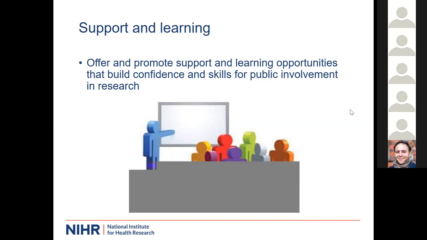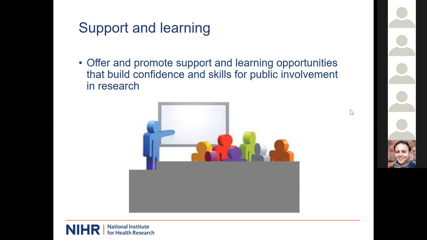Support. So it's always good to aim to have more than one public or patient representative in your team. And also making sure that support you or other research team members can offer is achievable, and also recognising that there's different types of support that you can offer.